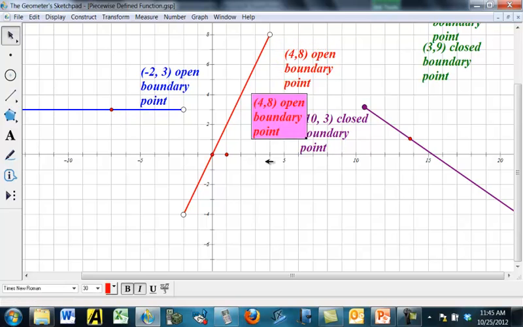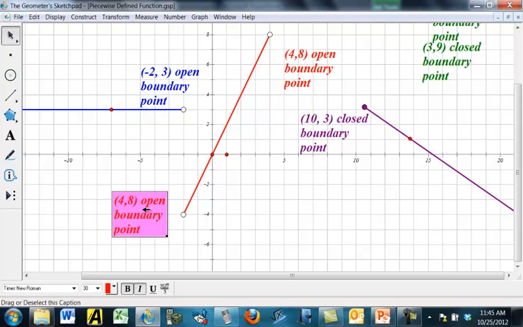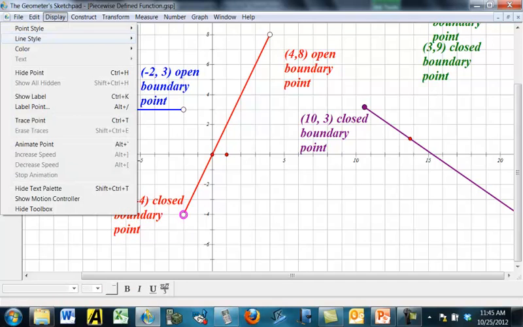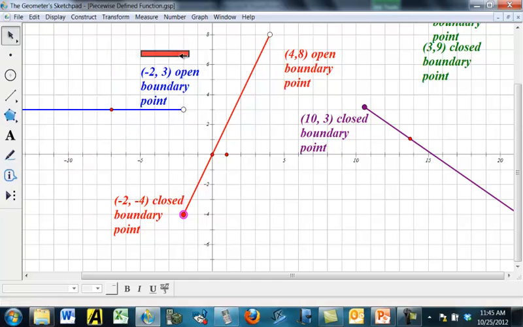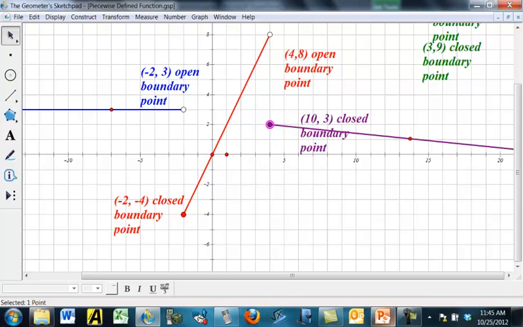And this one is negative 2, negative 4. And that one was closed. And this one should have been at 4, 2.